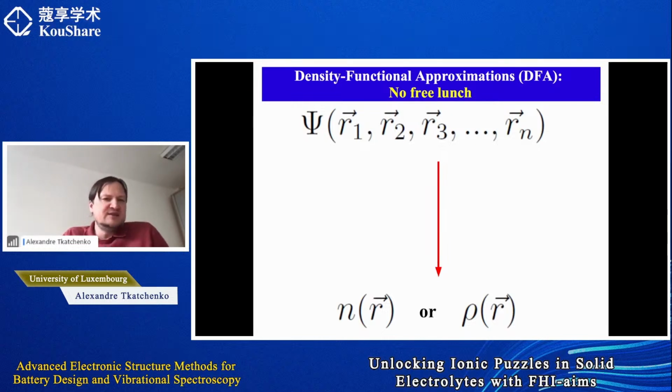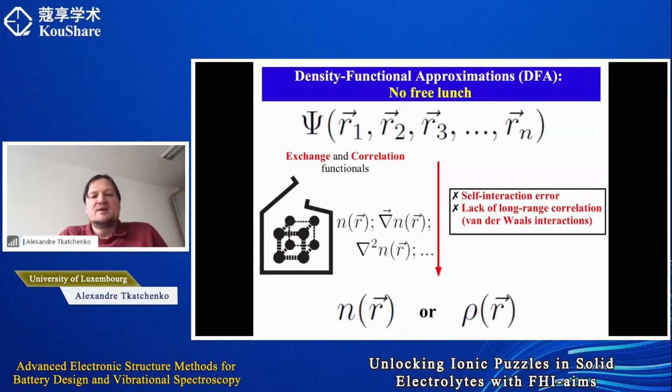What DFT achieves, in principle, is a mapping from a many-body wave function, which is a 3N-dimensional object where N is the number of our quantum particles, to an effective three-dimensional electron density representation. Of course, there is a price to pay for this very efficient mapping, what I would call a no-free lunch, because we end up having to approximate all the many-body exchange and correlation effects.